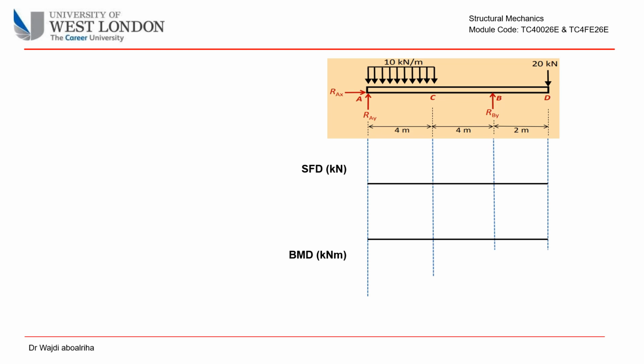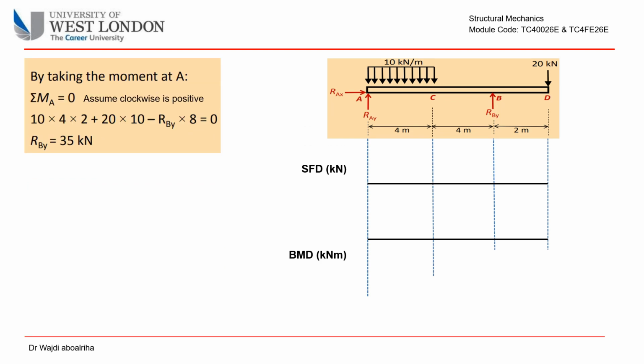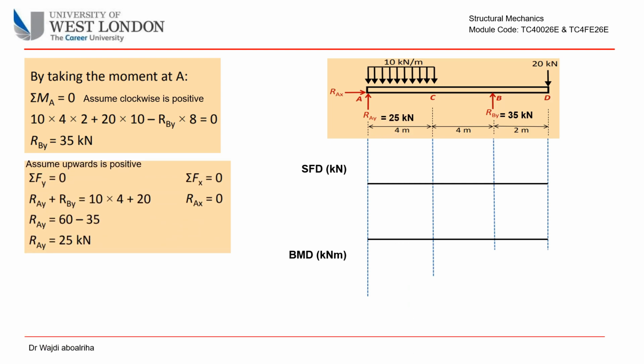Draw a baseline for the shear force and bending moment diagram. Calculate the reaction at the supports by using the equilibrium equations. RB equals 35 kilonewton, RA equals 25 kilonewton, and Rx equals 0.